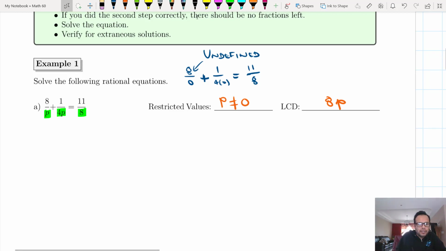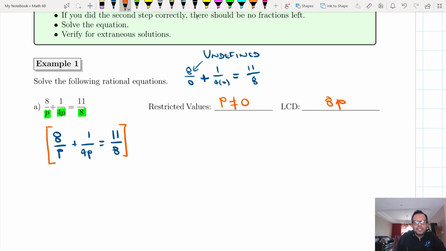First of all, let me write the equation again. In this case, we are going to multiply both sides by the LCD, which in this case is 8p.